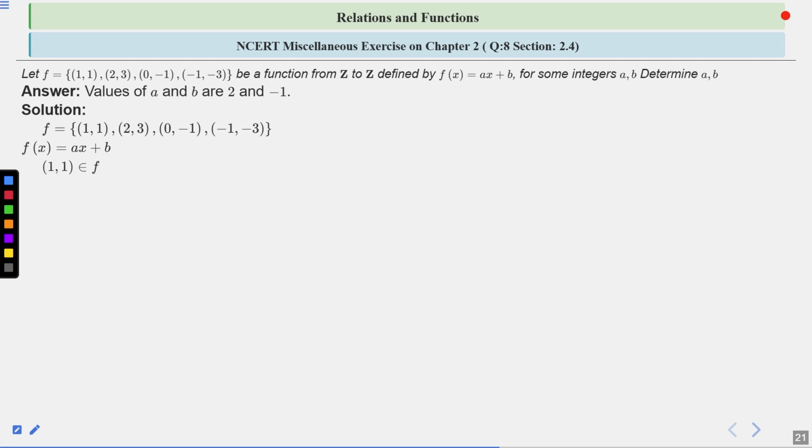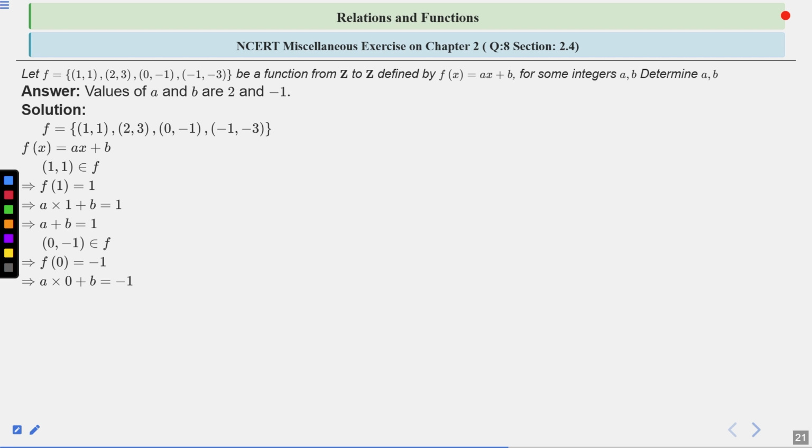Now for input 1 the output is 1. So using this information, just substitute x = 1. You will get f(1) as 1, as the output is 1. So you will get your equation as a + b = 1. Clear? Now for input 0 we have output -1.